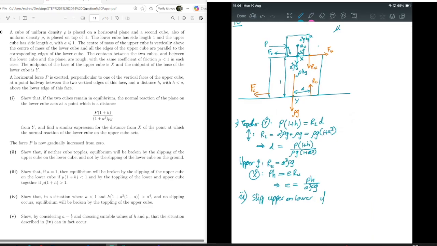if the frictional force is greater than mu r, i.e. this frictional force, and we have a left equals right here.